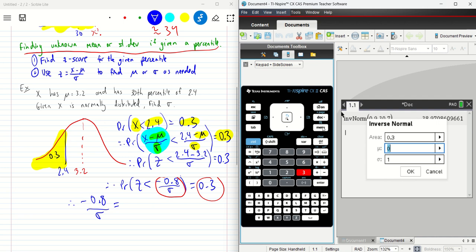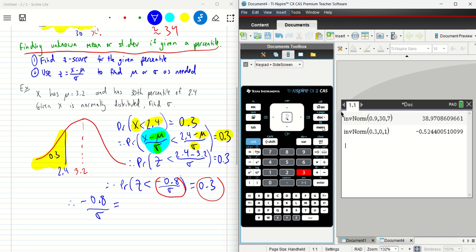This is the Z distribution I've got now, not X anymore. So it's got a mu of 0 and a standard deviation of 1. And so it's going to tell me what that's equal to. That negative 0.8 over sigma is equal to negative 0.5244. Let's leave it like that.